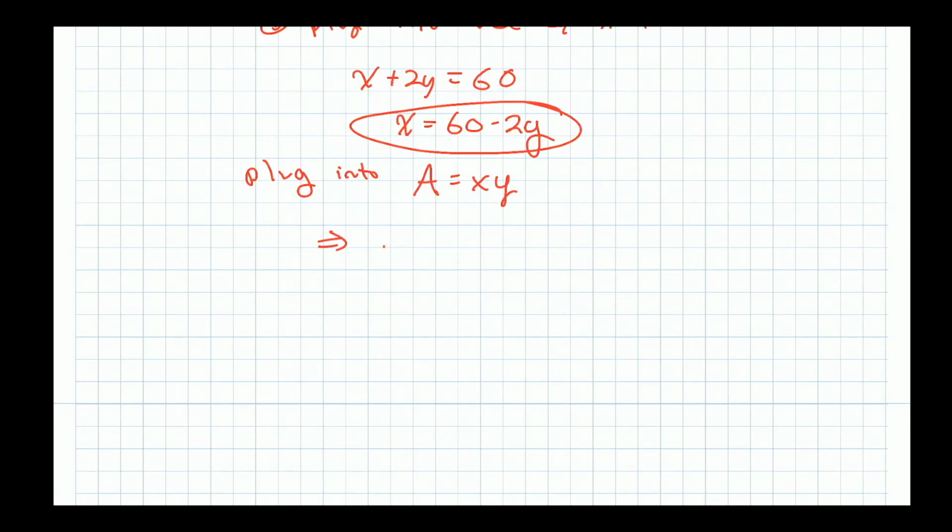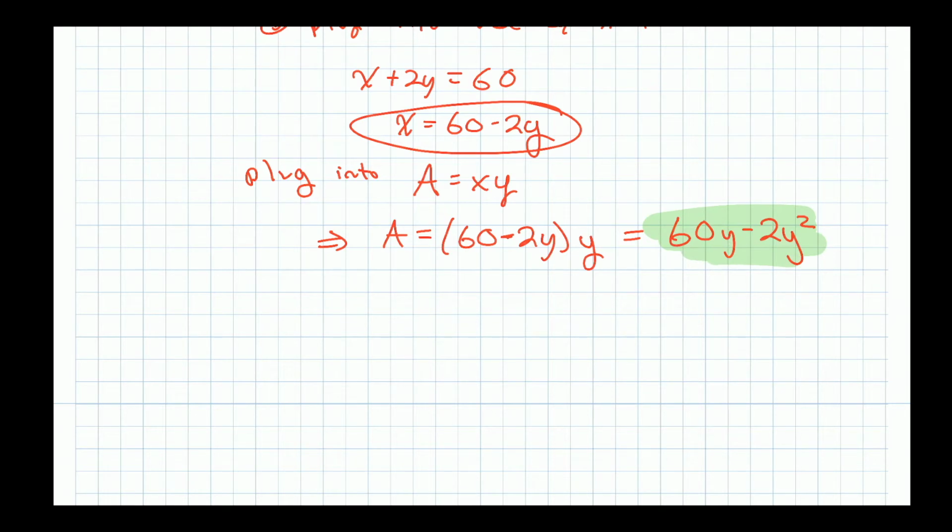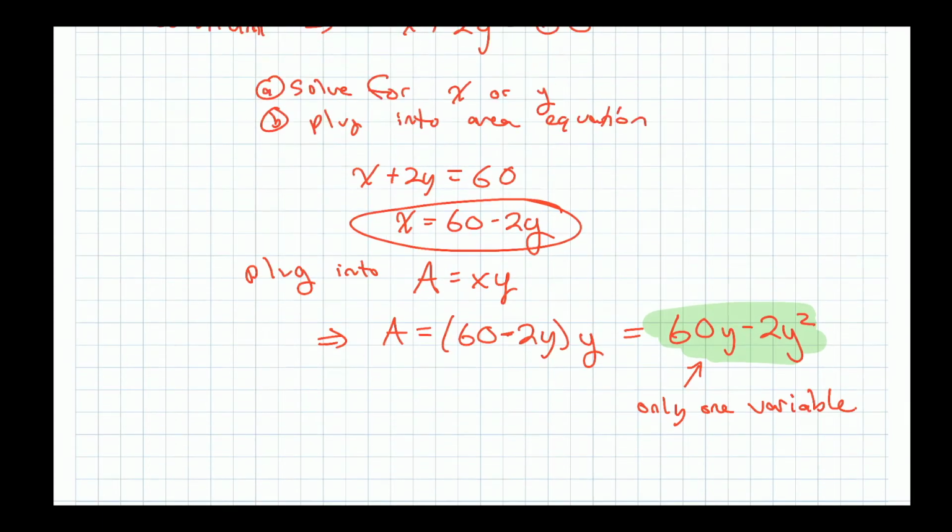So area is XY, but X is 60 minus 2Y, times Y. You can multiply this out, and you get 60Y minus 2Y squared. Now, the whole point is that it only has one variable. That was the goal of using the constraint.